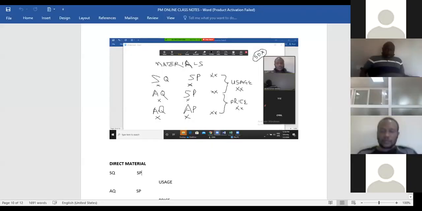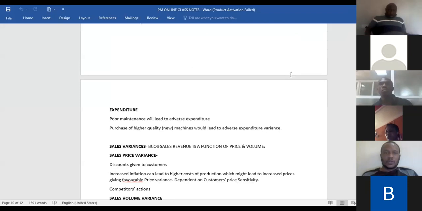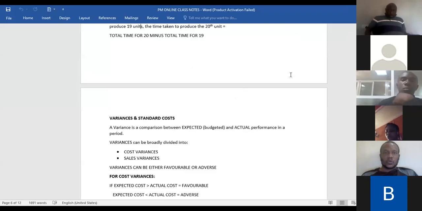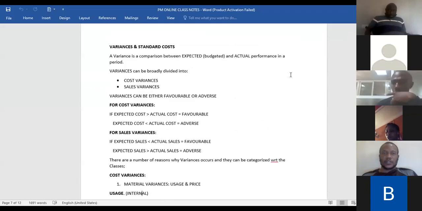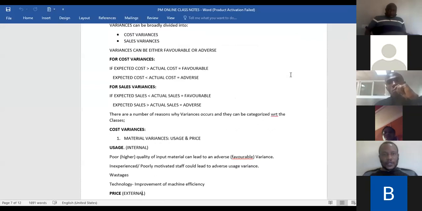Just very briefly, we discussed the concept of the majority of what we need to know. So we talked about variances and standard costing. We said the variance is a deviation from expected, and that variances can be broadly divided into cost and sales variances, and that variances for costs are the exact opposite of variances for sales.